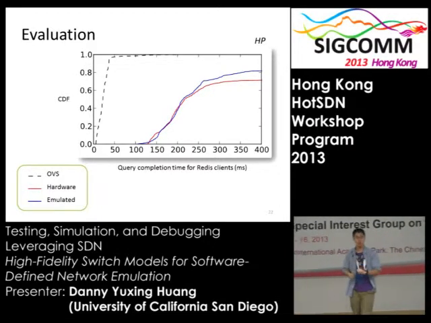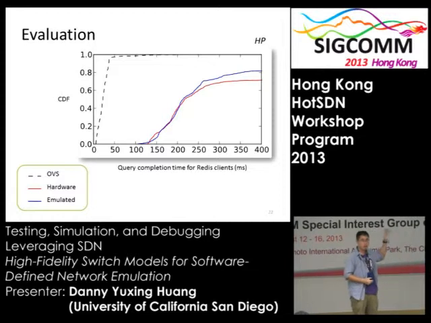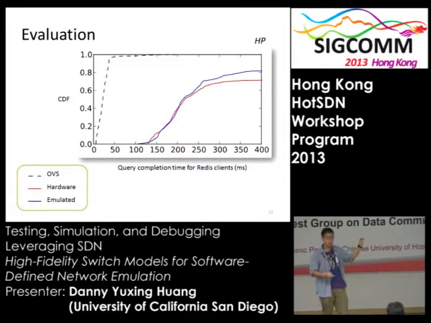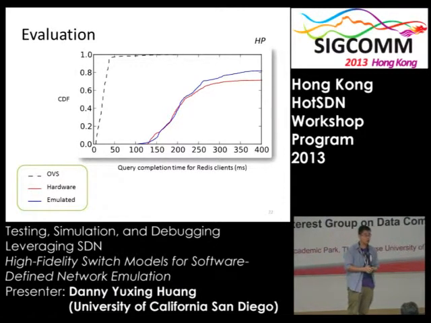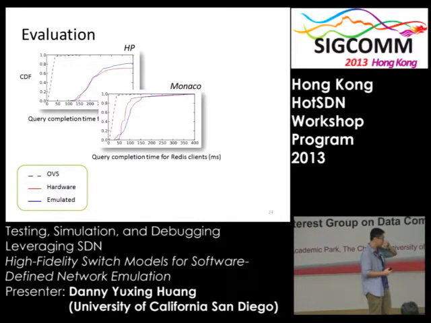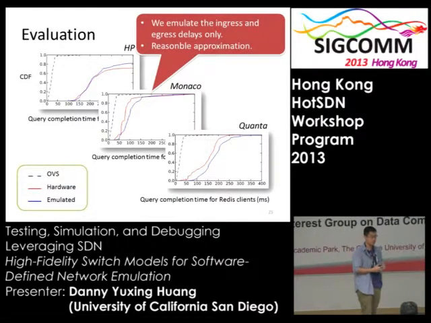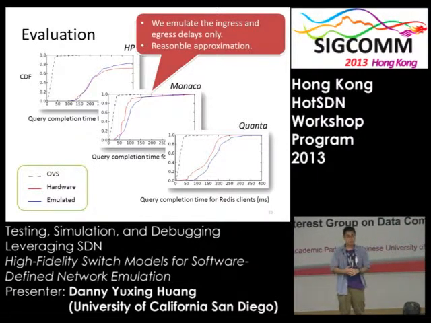Essentially, we have slowed down OVS from being the dotted black line to being the blue emulated line. And we're pretty close. We do the same thing for our Monaco switch, where we obtain 2 lines, and a Quanta switch.